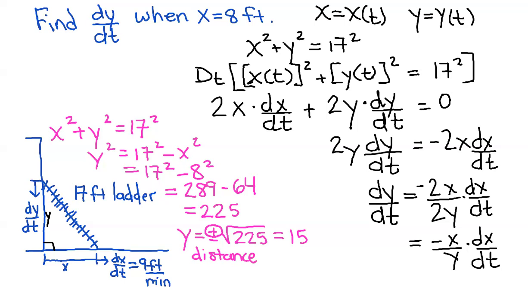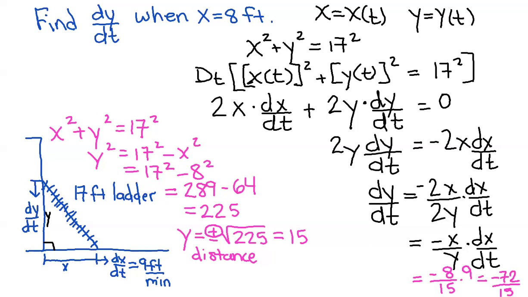So if we fill out now what is our dy/dt, we would plug in 8 for x, 15 for y, and our dx/dt was 9. So our dy/dt is negative 72 over 15.